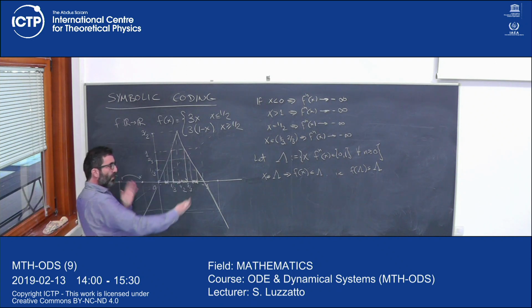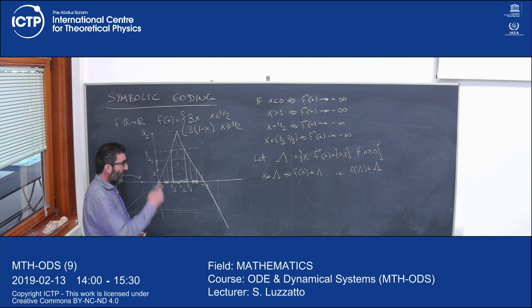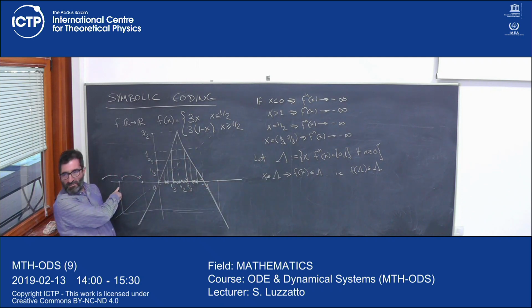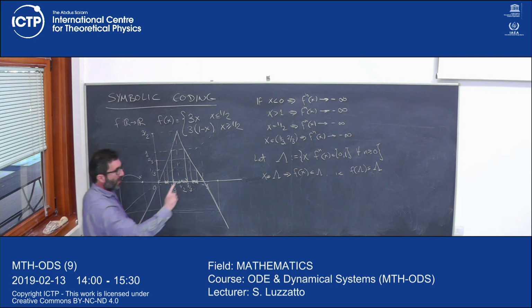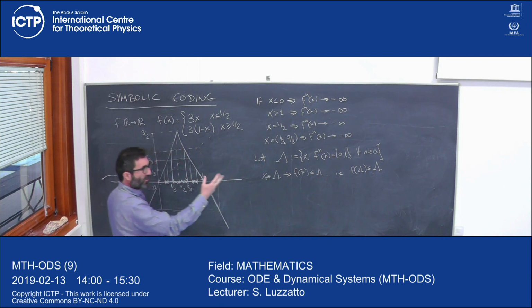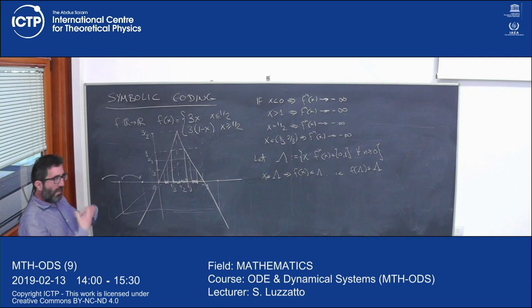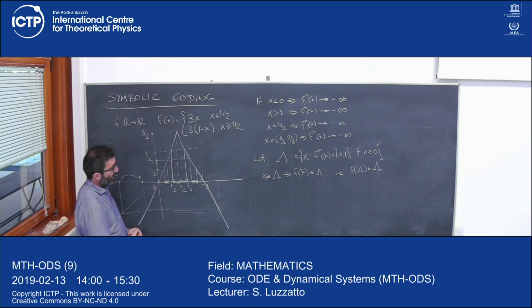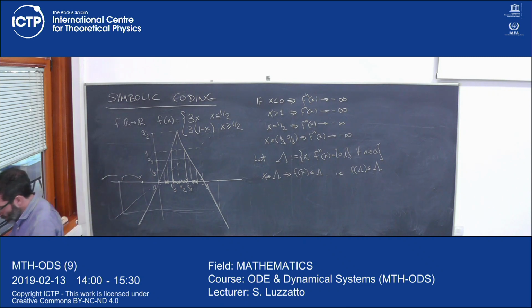And that will give us a complete picture, right? Because any point that is not in Lambda eventually goes to minus infinity. So if we can understand the dynamics on Lambda, the structure of the set Lambda, we have basically understood the dynamics of all the possible points in here. Okay, so what is our strategy for understanding the dynamics on Lambda?